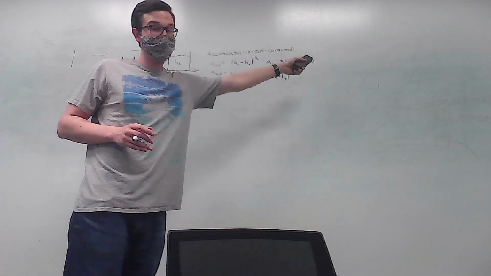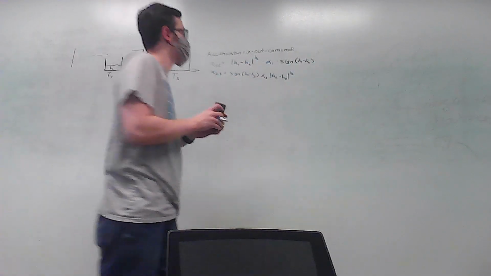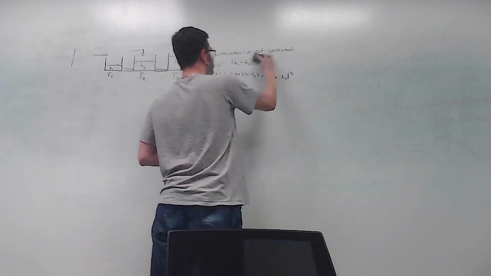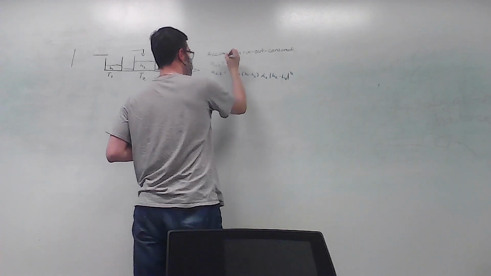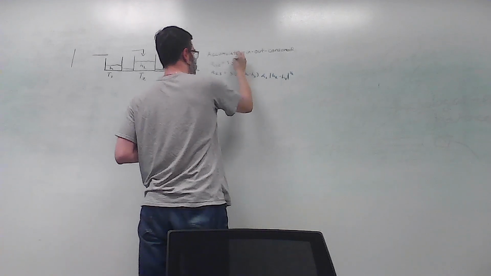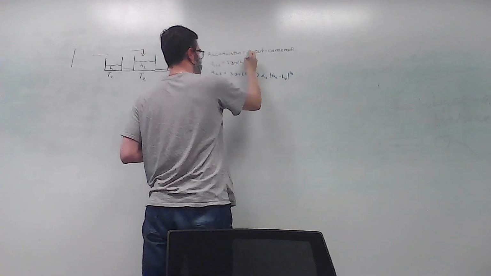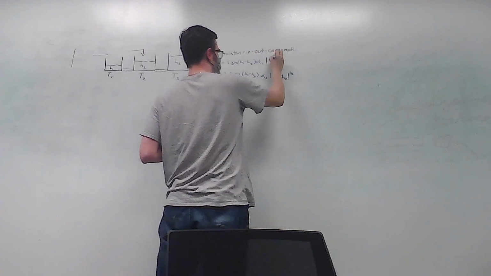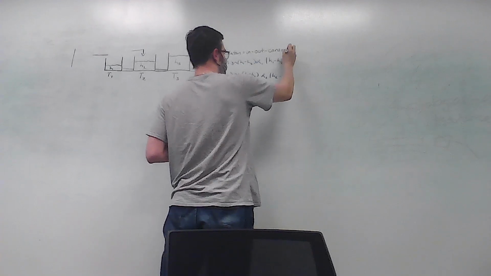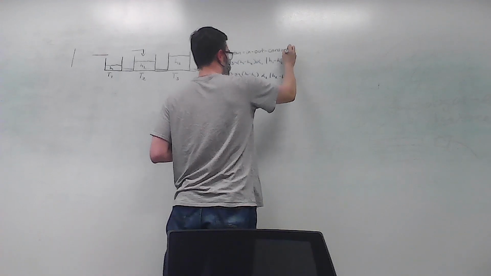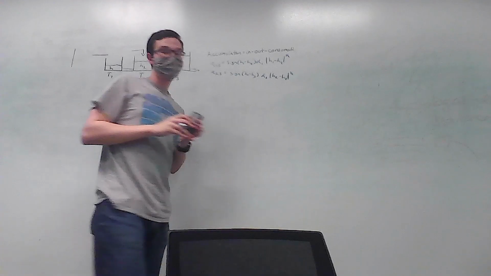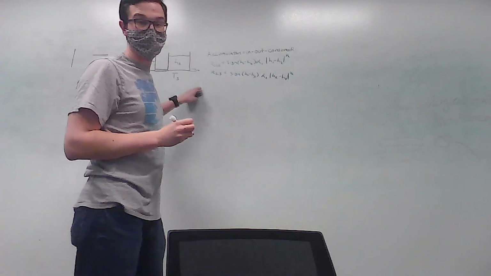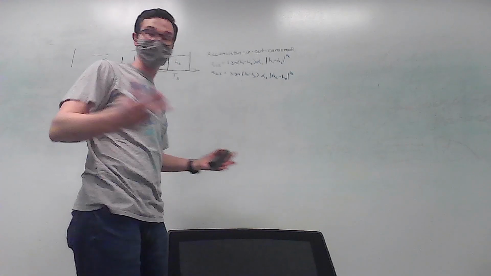I'm going to rewrite this top equation to match this in terms of setup. Okay, so now we have Q3, or we're going to call it Q out, because that's what it is.